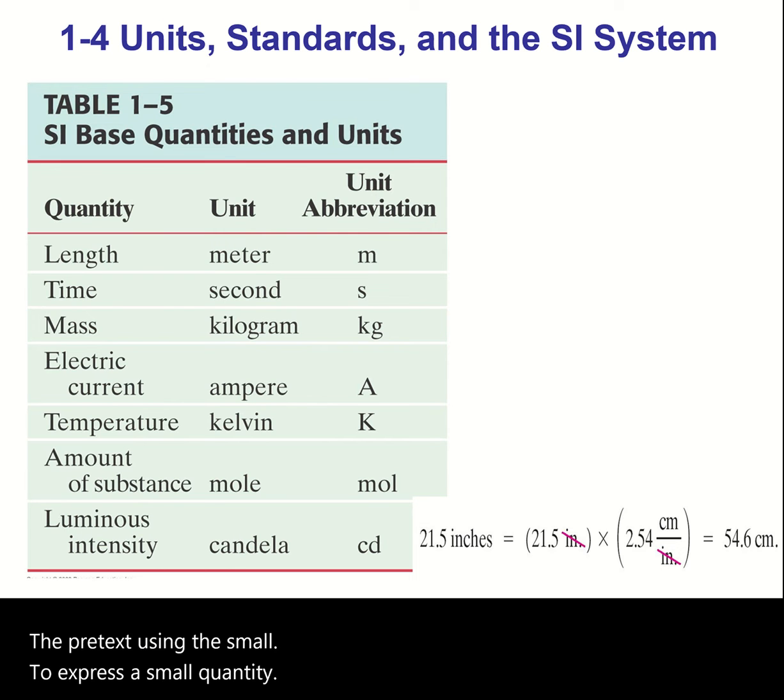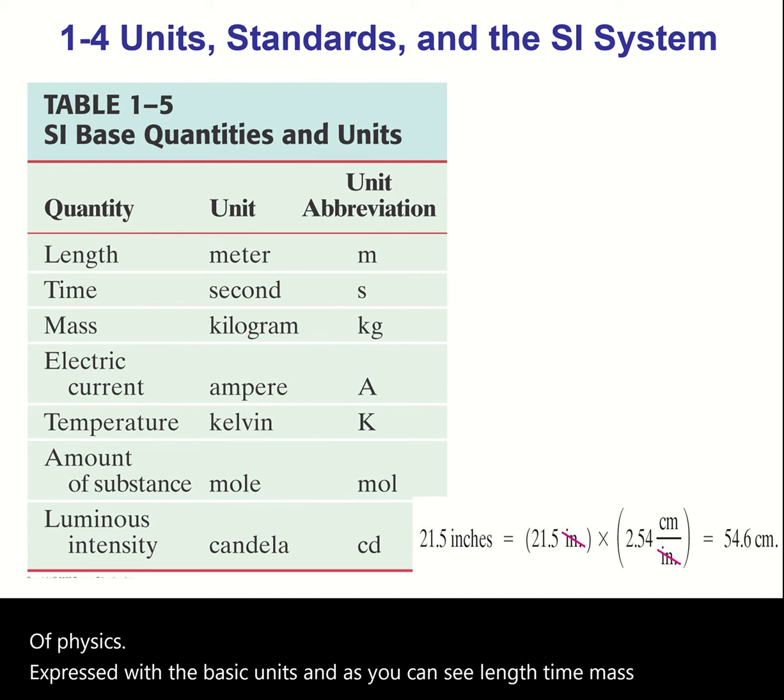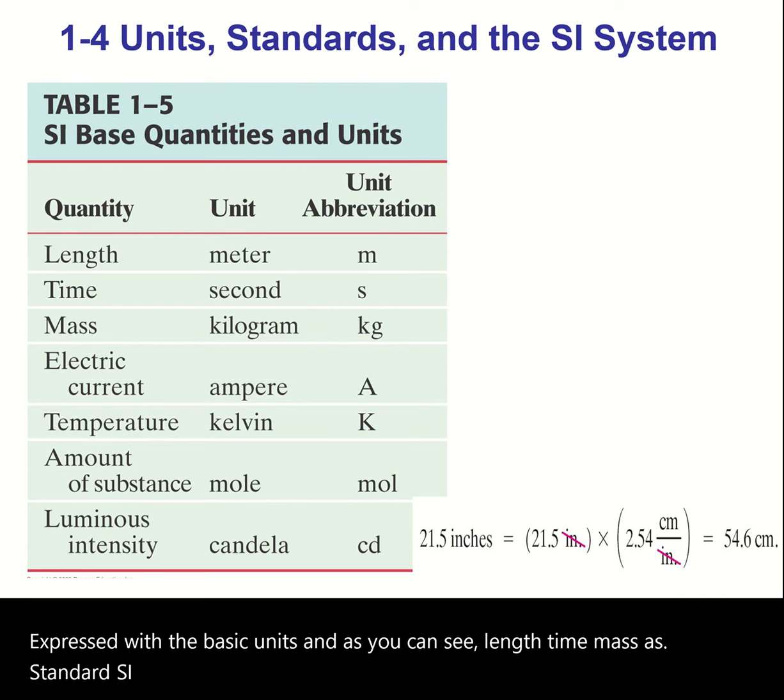So basically all the basic quantities of physics are expressed with the basic units, and as you can see, length, time, and mass are standard SI physical quantities, and their units are meter, second, kilogram.